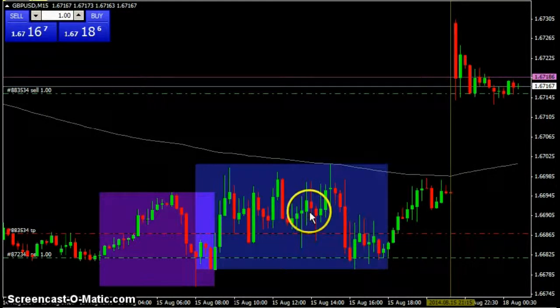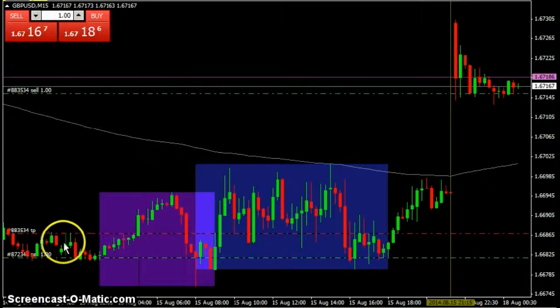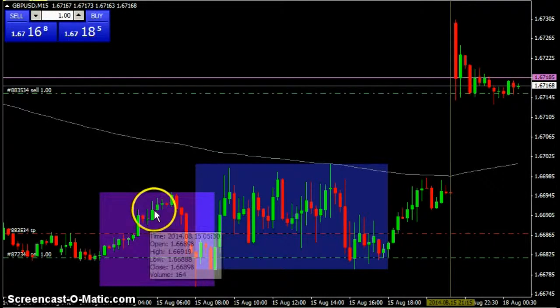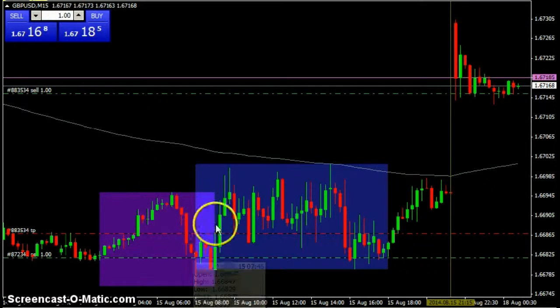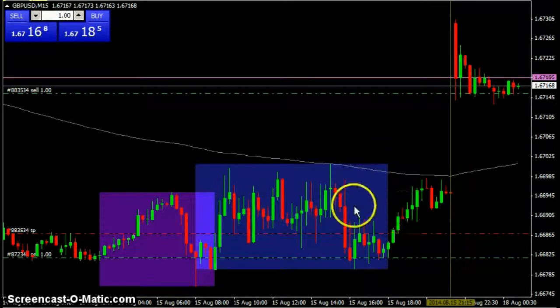People place all sorts of significance to the length of the wicks versus the length of the body, and you'll learn all about those theories in other sections of Forex Trading Schools. But for now, that's about all you need to know as far as candles goes.